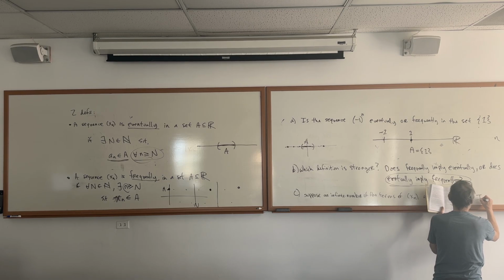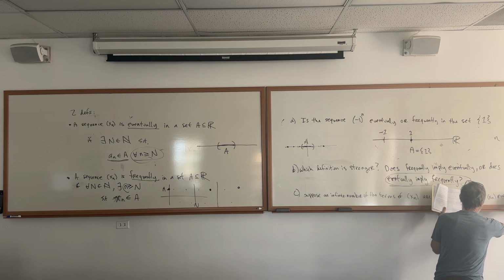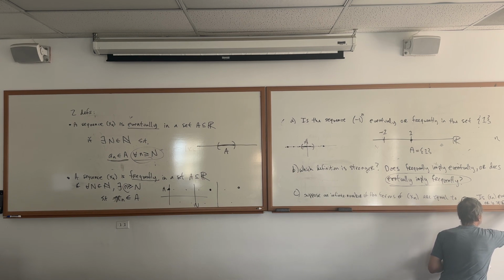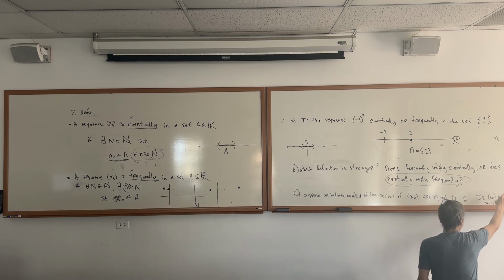Is x sub n necessarily eventually in 1.9 to 2.1, or is it frequently? So I'm giving you a very specific interval, sorry, that's super shoddy writing, but that interval is 1.9 to 2.1.